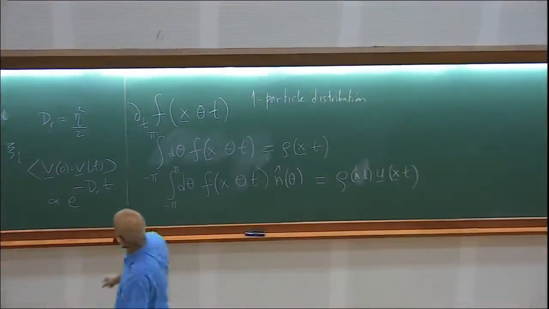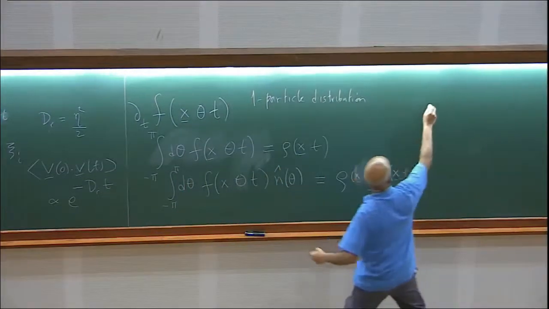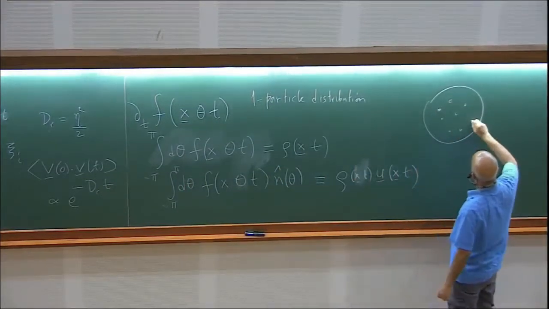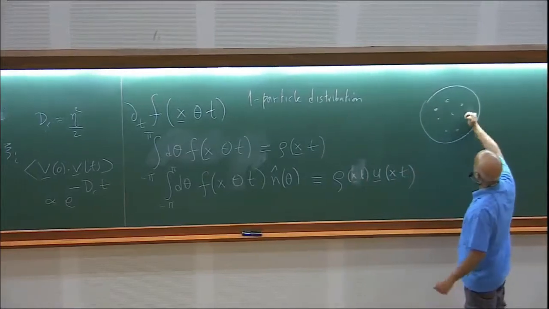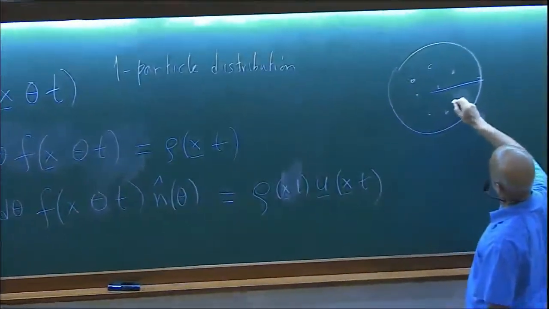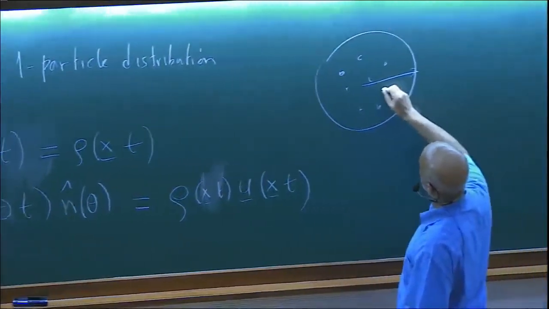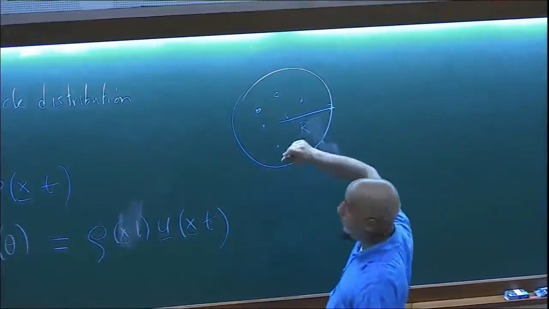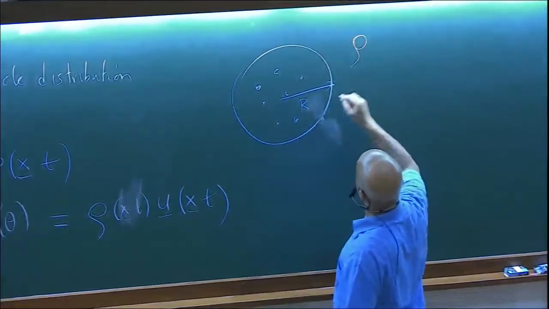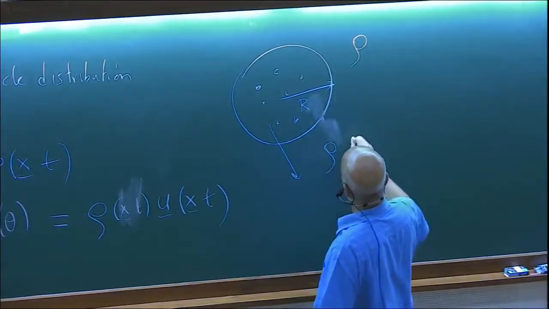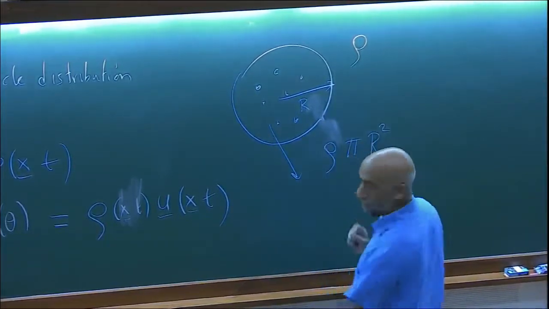Suppose I take a region of size R, and suppose the macroscopic mean number density of the system is rho. Then this region contains, on average, rho times pi r squared particles, if I'm in two dimensions.